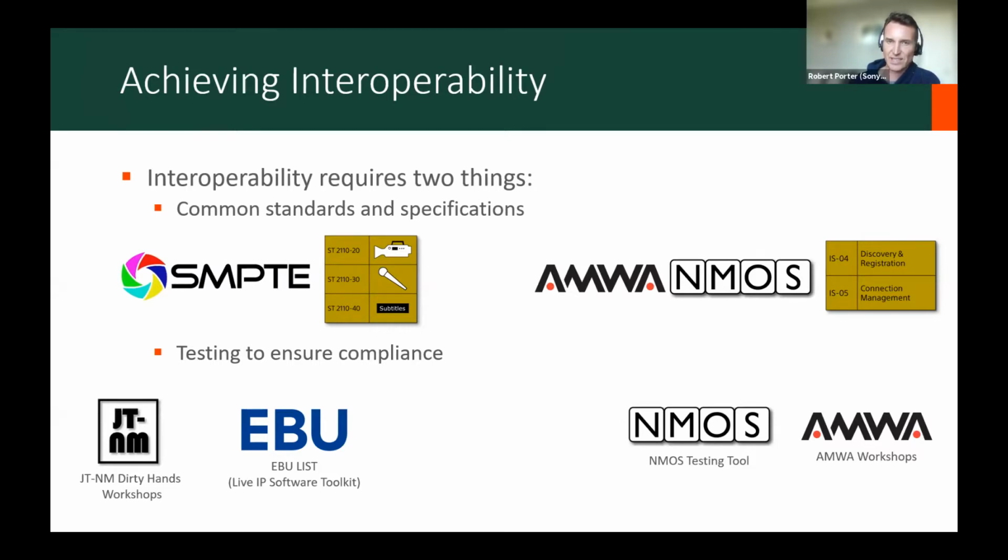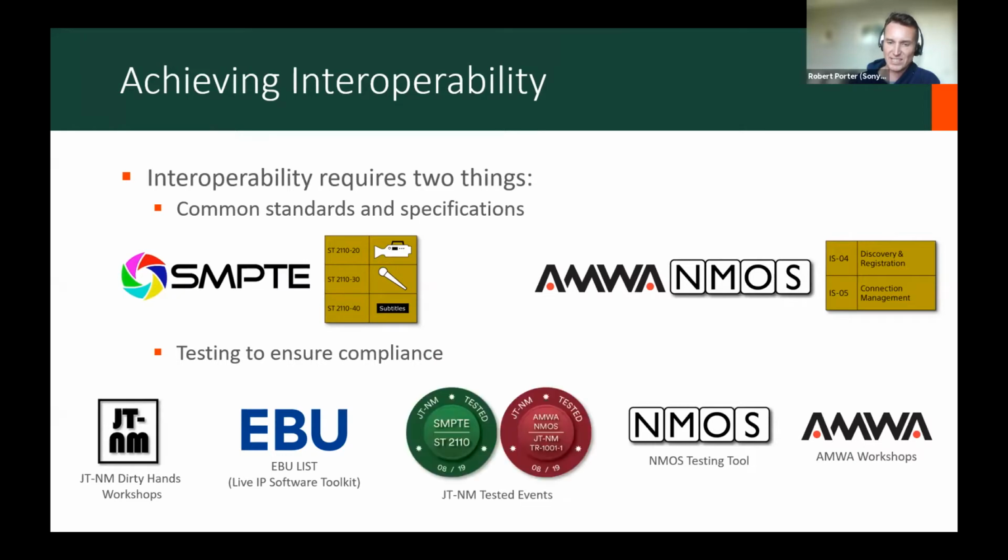And over the last 2 years, the JT-NM Tested initiative has also been introduced. So this allows vendors to have their devices officially tested by a testing team for both ST2110 and NMOS compliance. And they then receive a badge that can be used to advertise this.